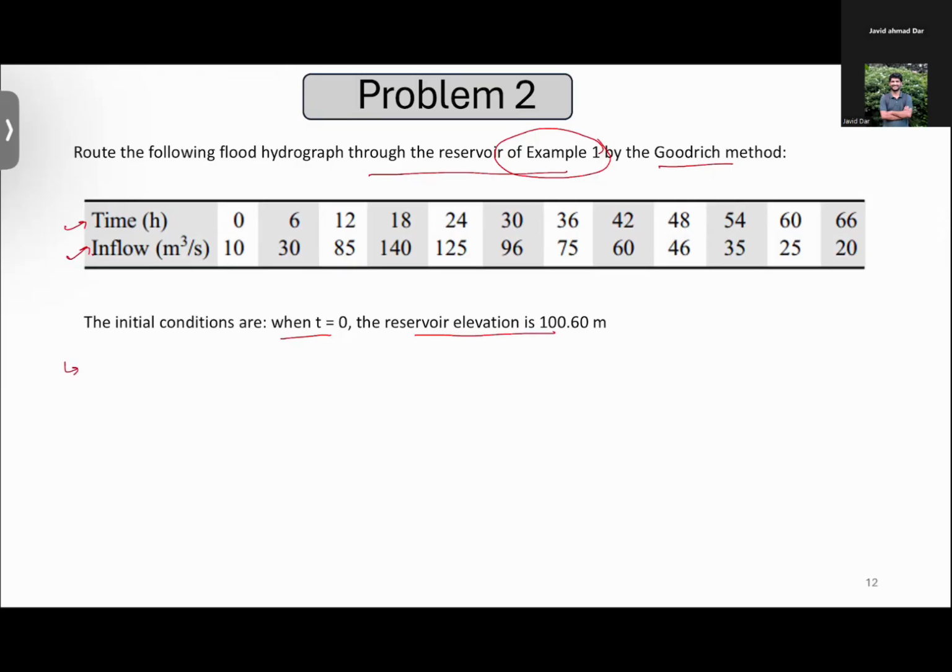So the first thing that we need to do is the time step: again you calculate 6 minus 0, 12 minus 6, it's 6 hours.